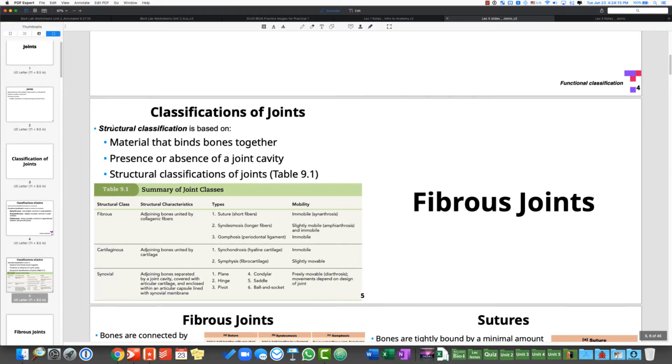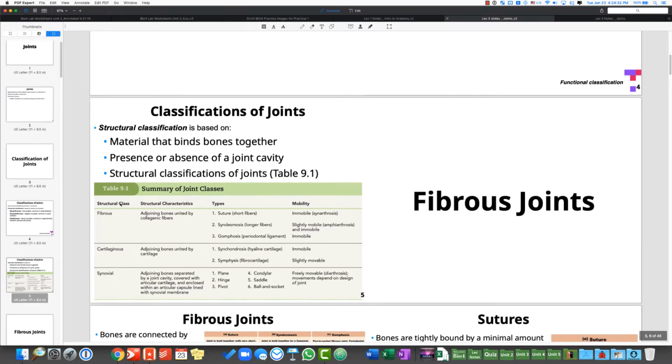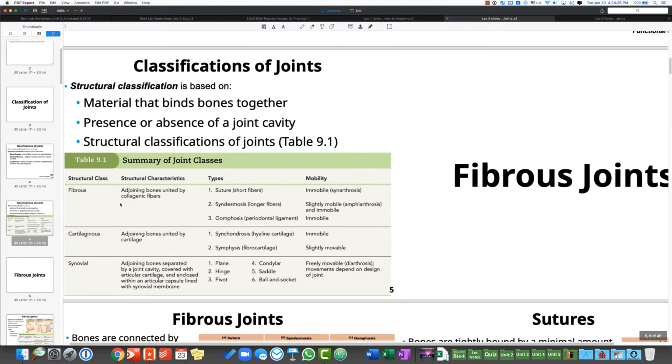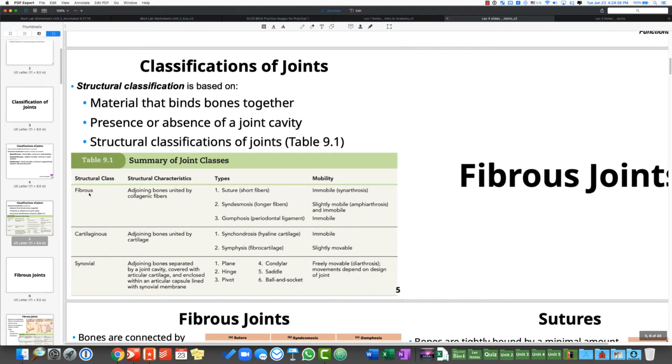And when we look at structural classification of our joints, that is based on what material binds those bones together, whether or not there is a joint cavity, etc. So this shows you the organization of this class: we're going to go into each structural class of joint, and within each class there are subtypes.